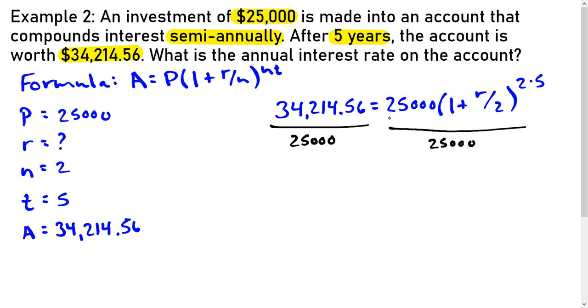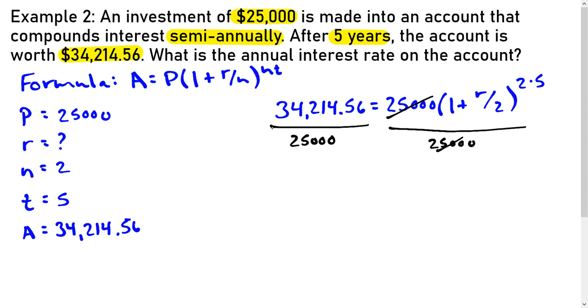Okay, so this $25,000 divided by that $25,000, those divide out, and we're going to end up with some value over here. I'm going to write it to an obscene number of decimal places, just because that's going to make it slightly more accurate. So we really want to write a lot of decimal places and not just go to 1 or 2.